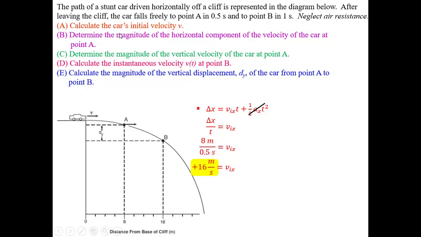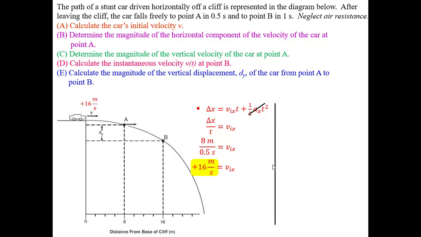Now, part B says determine the magnitude of the horizontal component of the velocity at point A. Well, this one is kind of just to troll you. Here, I just found that VIX, or V in this problem, horizontally is 16 meters per second, right? Part B asks you to find the magnitude of the horizontal component at point A, and that's just to mess with you.